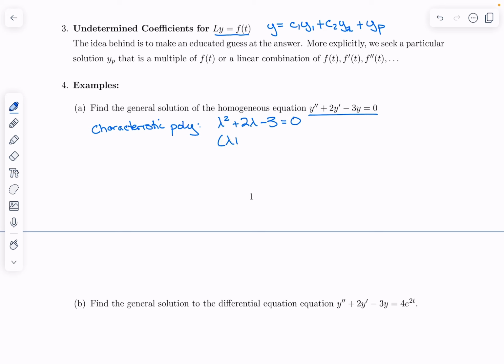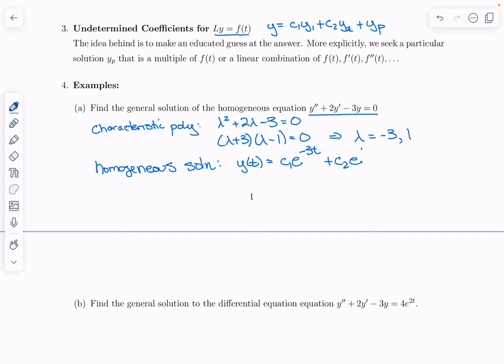That factors to lambda plus 3 times lambda minus 1, and that tells us that lambda is negative 3 or 1. And since the characteristic polynomial has real distinct roots, our homogeneous solution is in fact y of t equals c1 e to the minus 3t plus c2 e to the t.